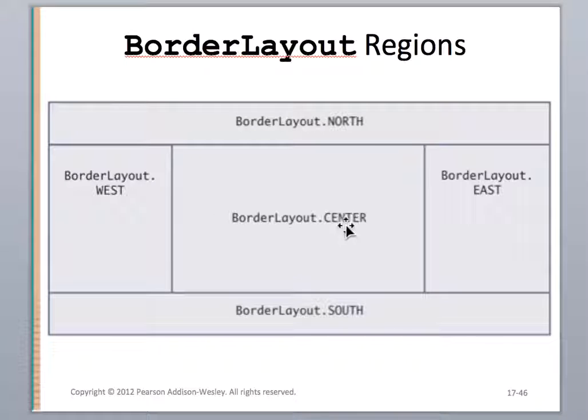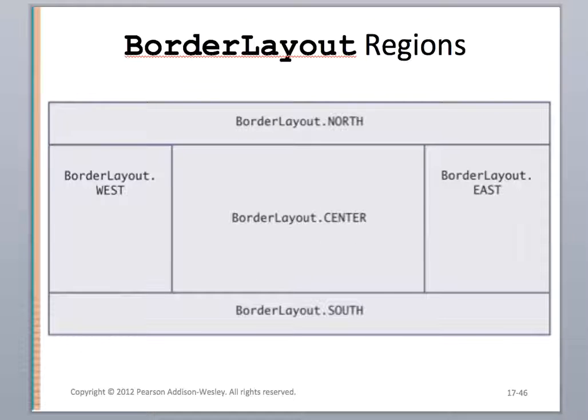When there is nothing on the north or south, the height of the north will be 0. When you don't put anything to the west, the width of the west becomes 0. The west and east, in terms of width, take whatever they need, and the remaining goes to the center.